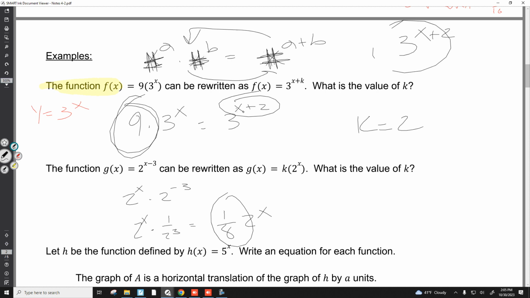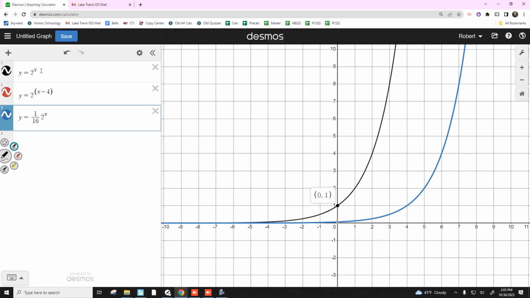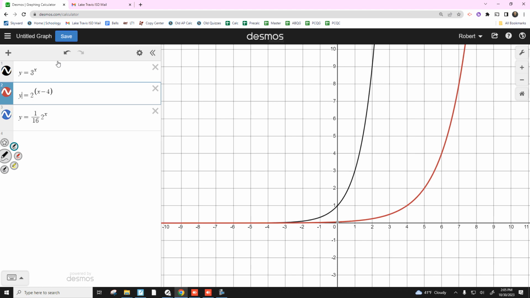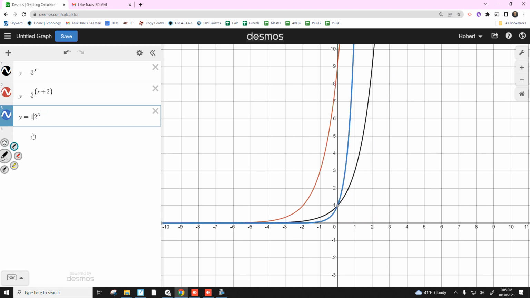You want to see it? I'll show it to you. 3 to the x. 3 to the x plus 2. Is it plus 2? That is plus 2. And 9 times 3 to the x. 9 times 3 to the x and 3 to the x plus 2 are on top of each other.